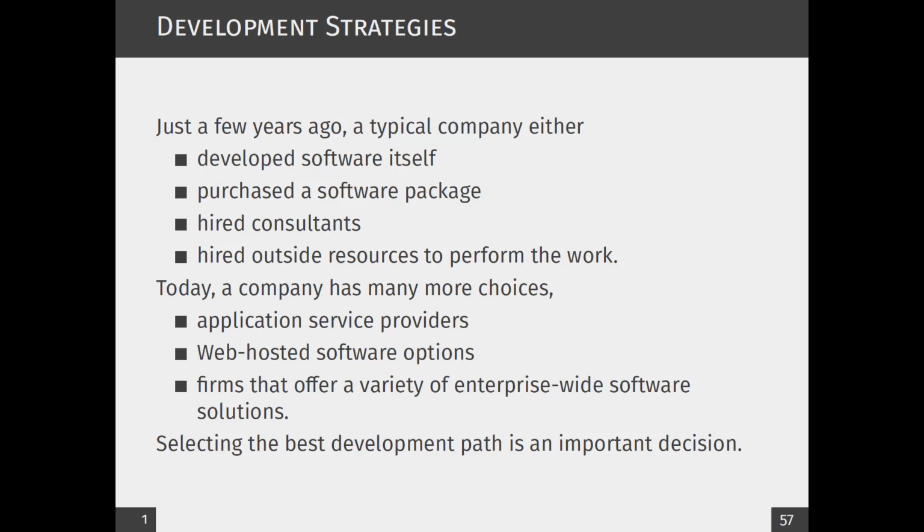For anything, when you have more choices, you are in trouble. Like nowadays, when you search for information, we have the internet, we have ChatGPT, we have other AI tools. The problem is which one to select. Likewise, here also, choosing the best development path is an important and crucial decision, and also more complicated compared to the setting today. So in this lesson, we are going to see some possible ways.